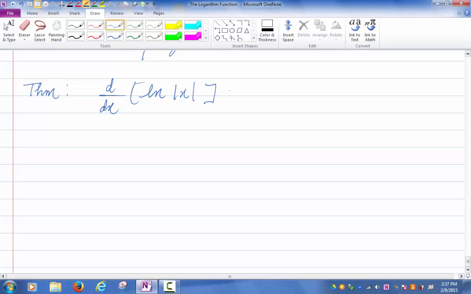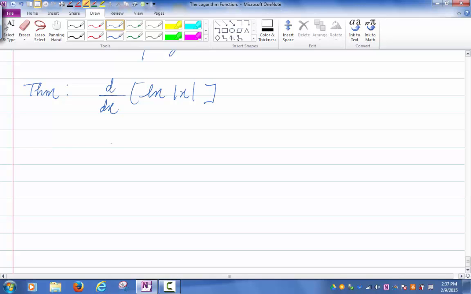Now, how would I find this derivative? Those of you who have taken Calc 1 with me, remember what I said. If you see an absolute value function, absolute values are usually annoying. So whenever you deal with them, what do you do first? Get rid of them. How?